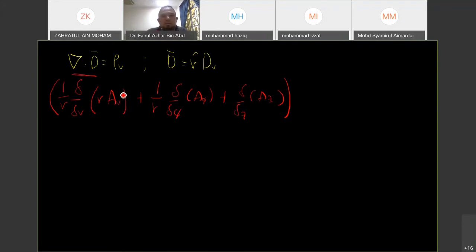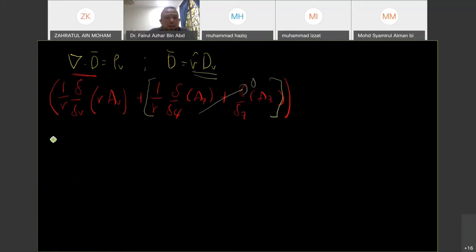So in this case, we can see that basically the component of the vector D only exists in the r cap component. So that's why for these two components, we can regard them as zero.